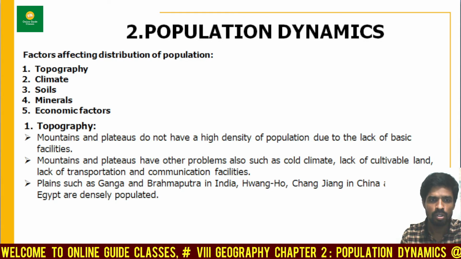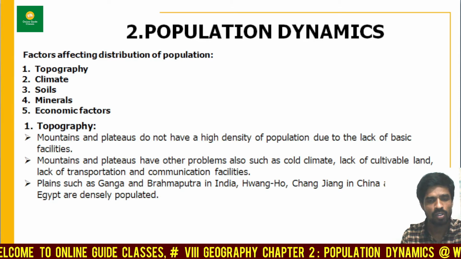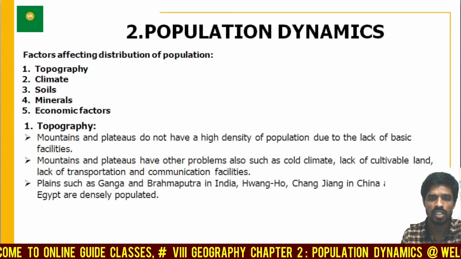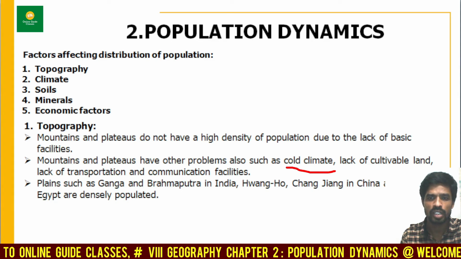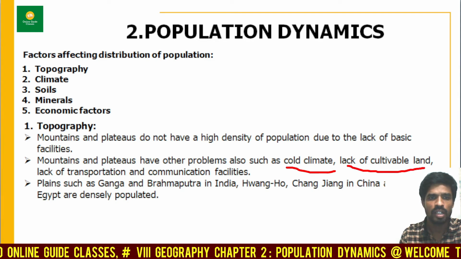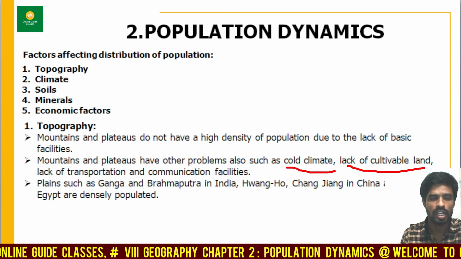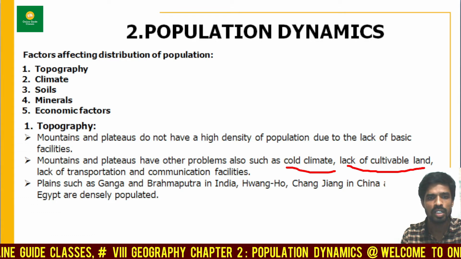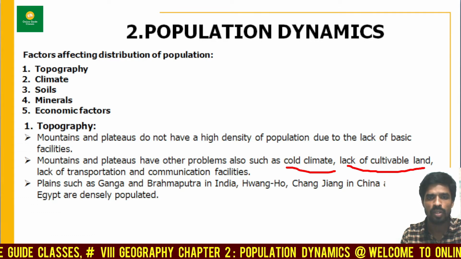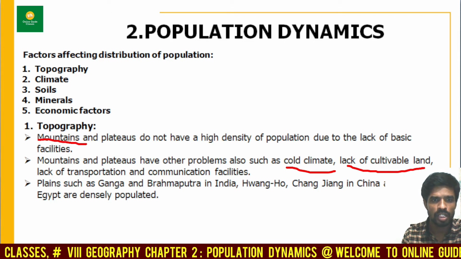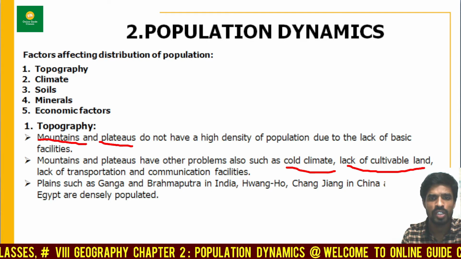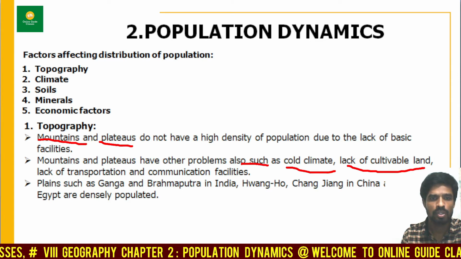Because most mountains and plateaus have a lot of problems. What problems do they face? Due to climatic conditions, lack of cultivable land, lack of transportation, and lack of communication facilities, people migrate from one place to another. So most people don't live on plateaus and mountains because of these reasons. Hope you all have understood.